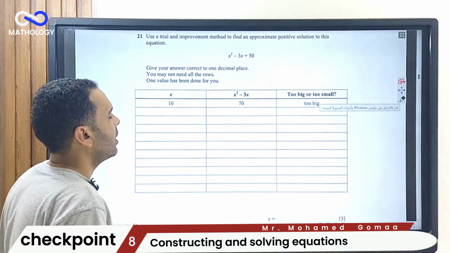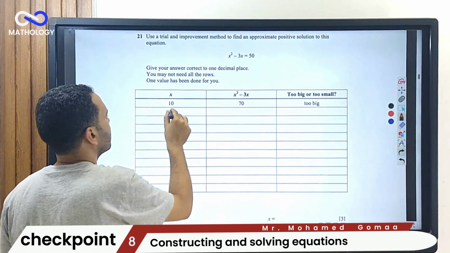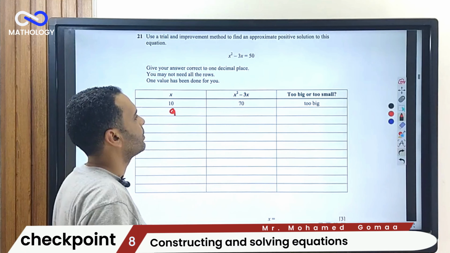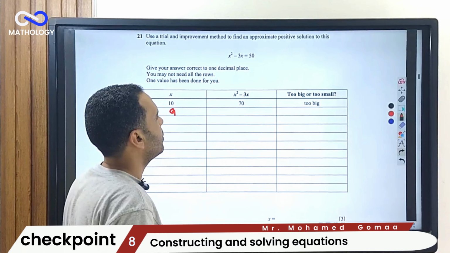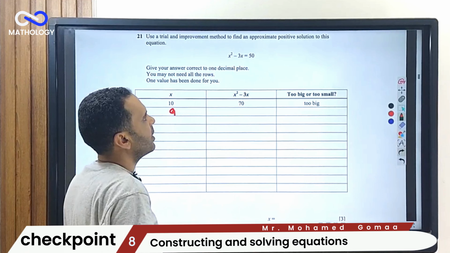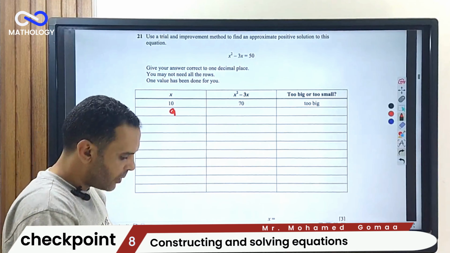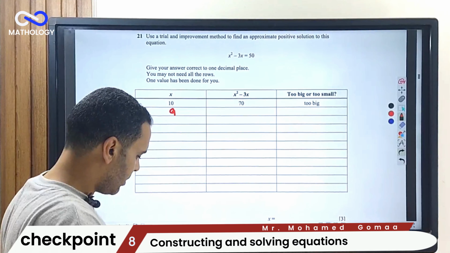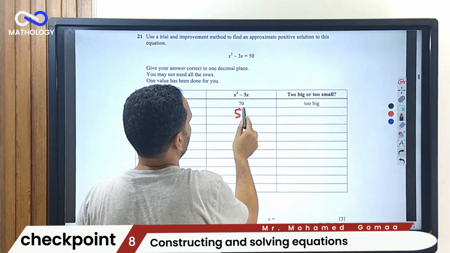Okay? If we try 9, to be closer to 50. 9 power 2 is 81. 81 minus 3 multiplied by 9, which is 27. Use your calculator. 81 minus 27 will be 54.